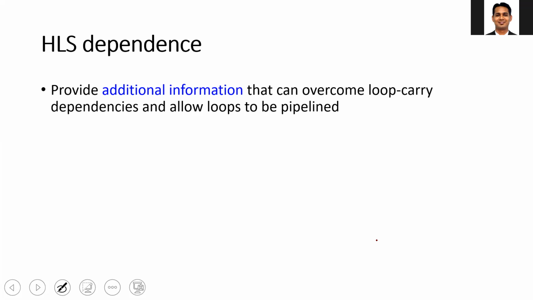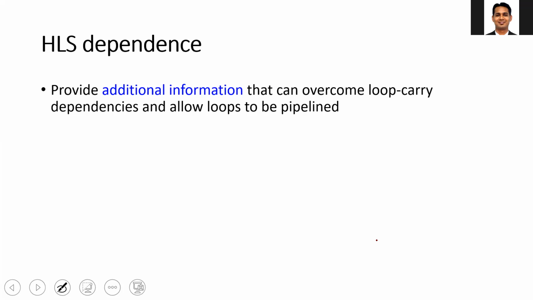As we have seen, the pipelining gets affected when you have a dependency between the iterations of the loop, or sometimes even when you have a dependency within a single iteration of the loop. You cannot execute the next instruction unless the previous instruction is completed. So there are certain dependencies.